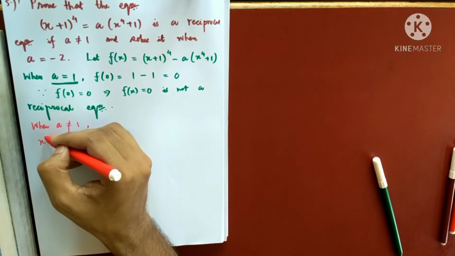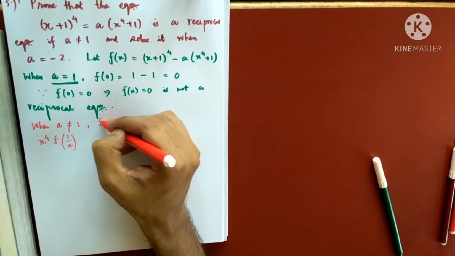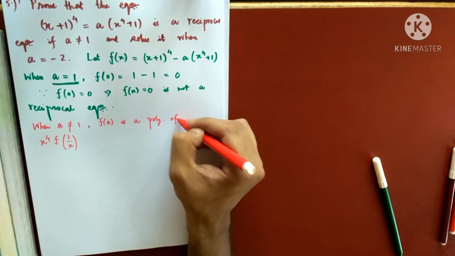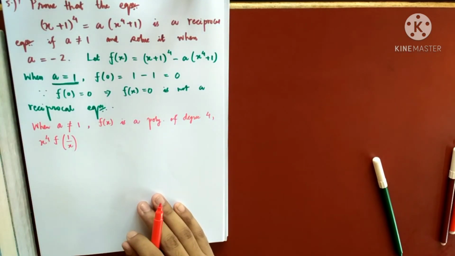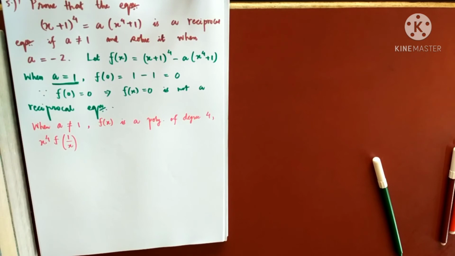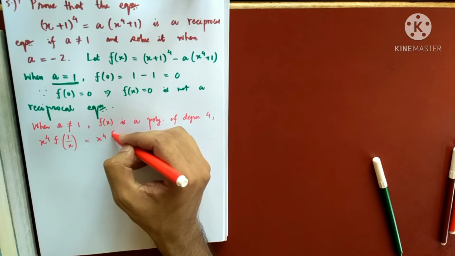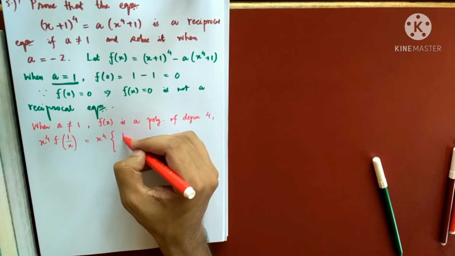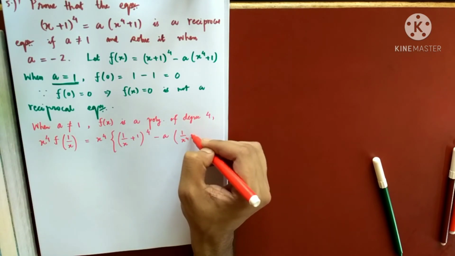What was it? x to the power n f(1/x). f(x) is a polynomial of degree 4. So remember what we used to do? We used to find x to the power n f(1/x). Here n is 4. Let's find this quantity. x to the power 4 remains as it is. What is f(1/x)? Let's put 1/x here. So this will become (1/x plus 1) whole to the power 4 minus a times (1/x to the power 4 plus 1).